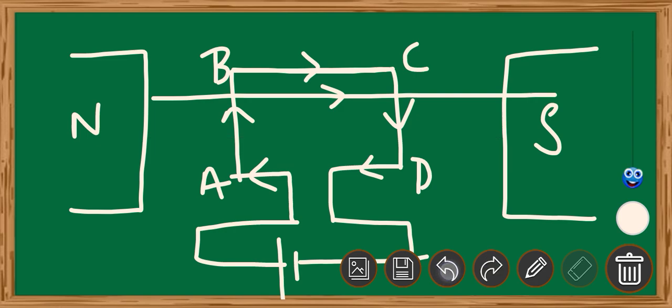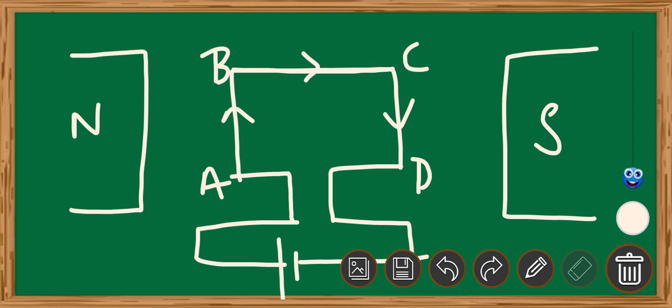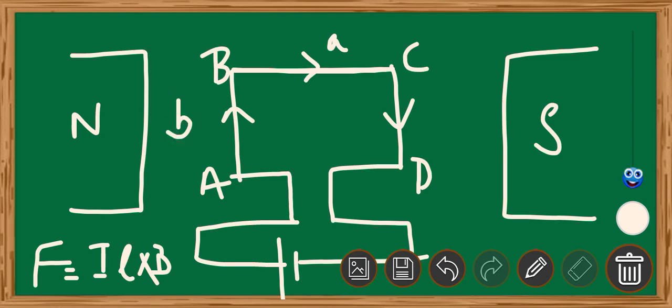We know that the equation to find the magnetic force is I into L cross B. Here the length BC, let it be a, and the length of AB, let it be b. The length a and the field line B are in the same direction, as they are parallel, so the angle between them is 0.